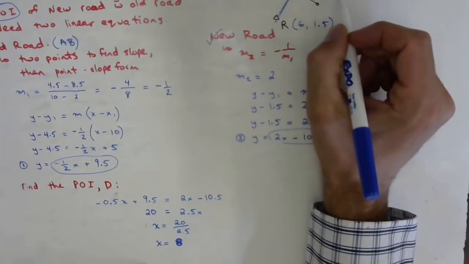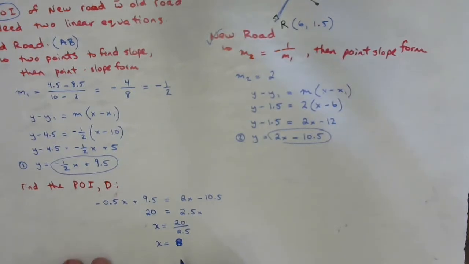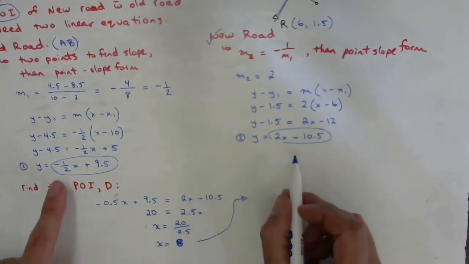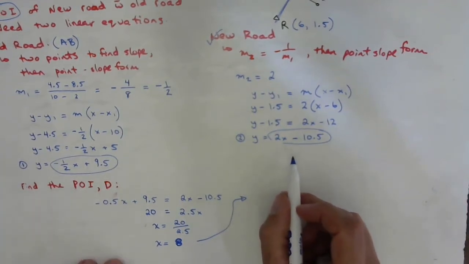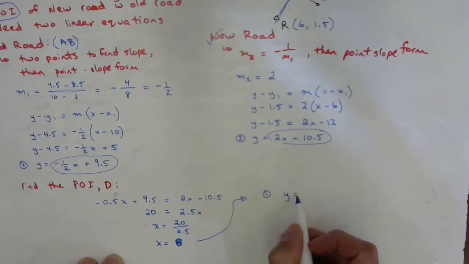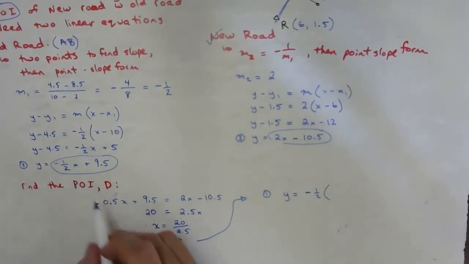What do we still need? We need a y-coordinate. For y, I'm going to sub back in to either one of my equations. I'm going to do it in equation 1. No reason, really. It's negative 1/2, and I know my x value is going to be 8.